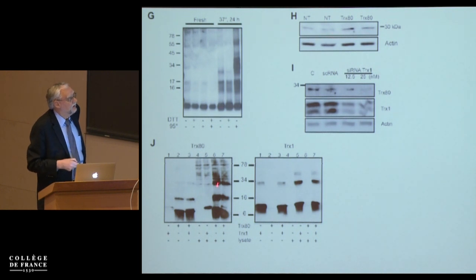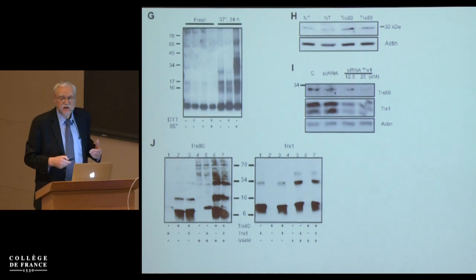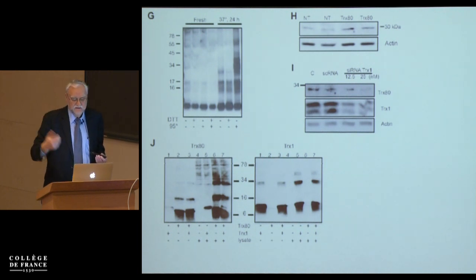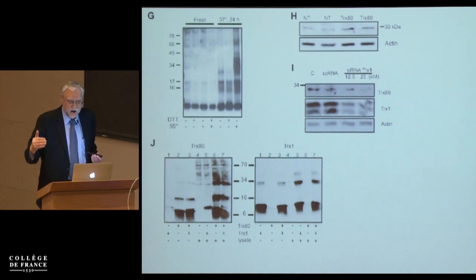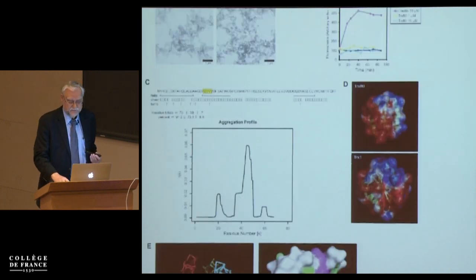And this is due to a lot of aggregation of thyrodoxin 80. It aggregates extensively, and you can actually age preparations of thyrodoxin 80, and it gets aggregated. So in the brain, thyrodoxin 80 is present as a 30 kilodalton form. Remember that the molecular weight of thyrodoxin 80 is only 10 kilodalton, so it's aggregated.